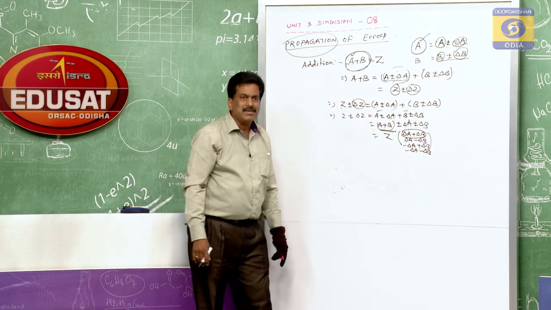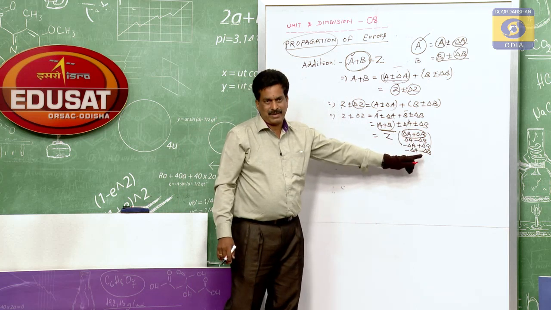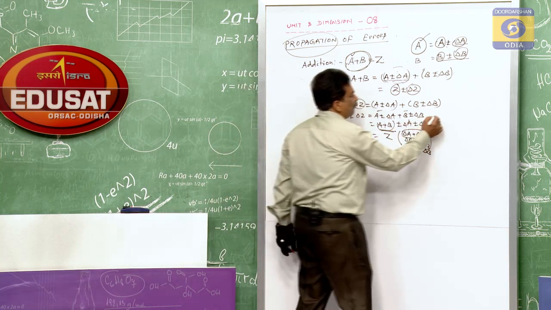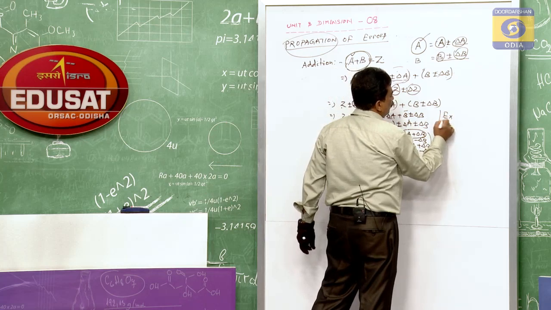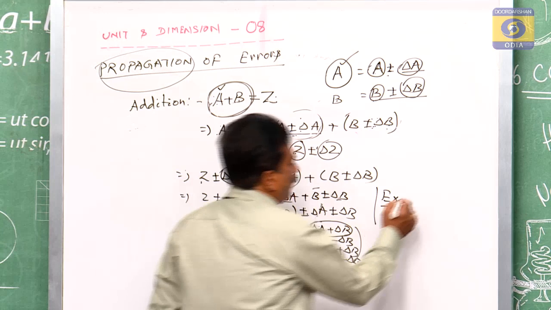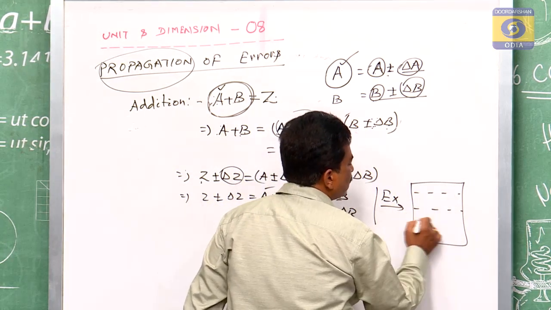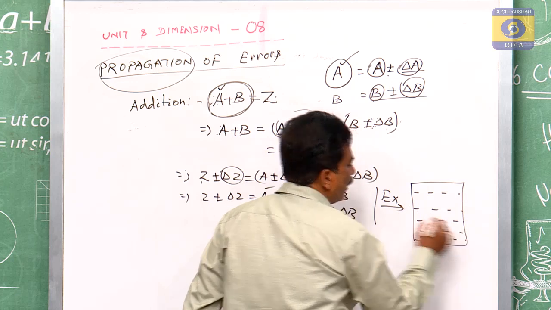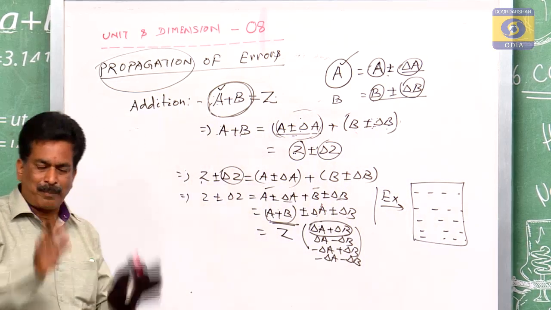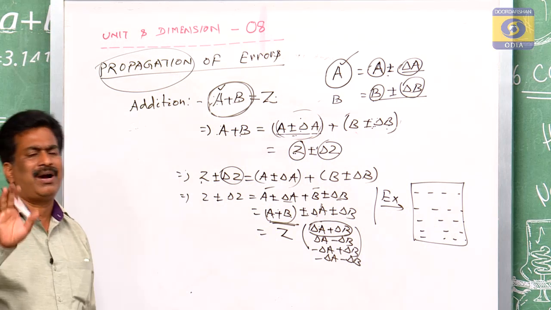The question comes, sir, why have we taken del A plus del B and not the other ones? Because suppose I give you one example. You have written an answer of one page, and that page is copied and given to 3 or 5 evaluators.